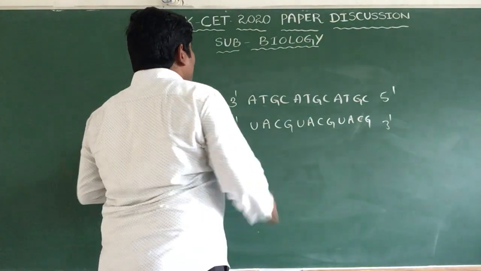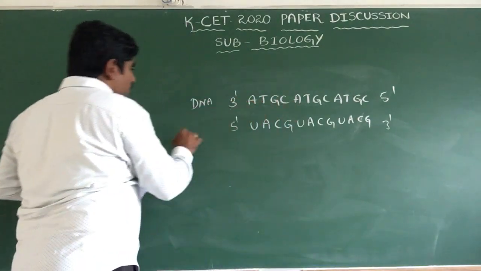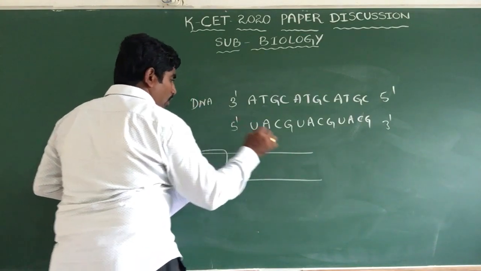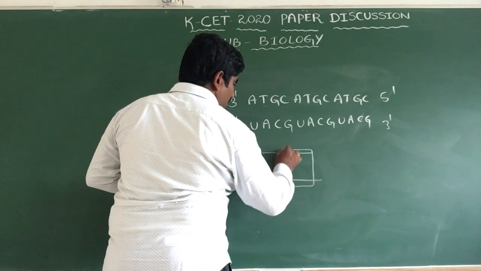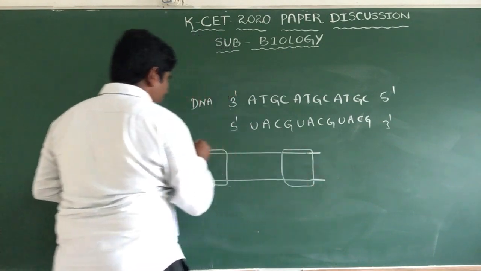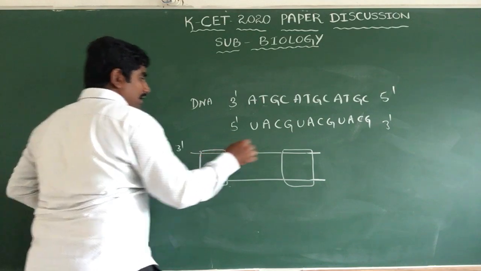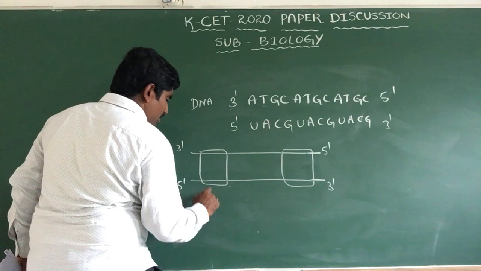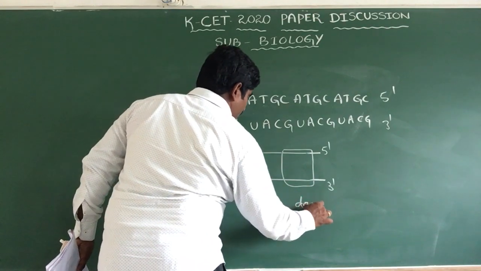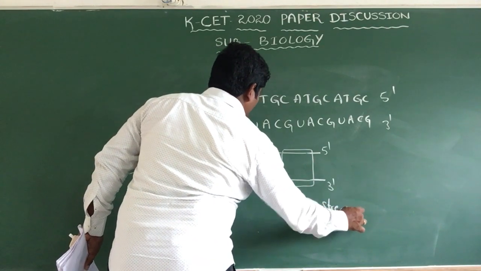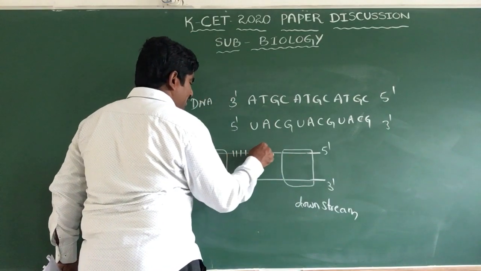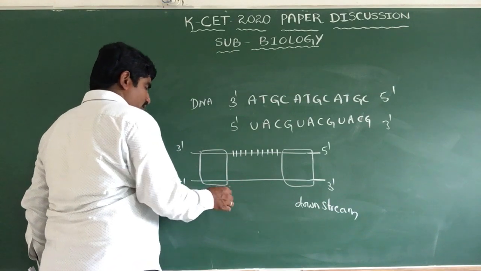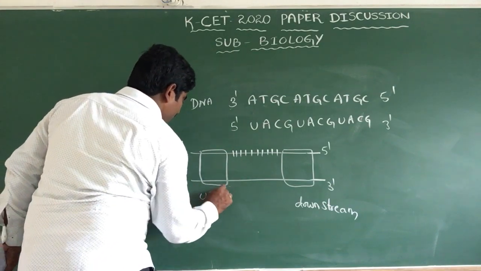But here it is 3' to 5'. In the transcription unit, this is 3' downstream and this is upstream. I think this is 3', 5' and this is 5', 3'. So this is upstream and this is downstream, right? Now you see, so this is 3' and this is upstream, and this is downstream.